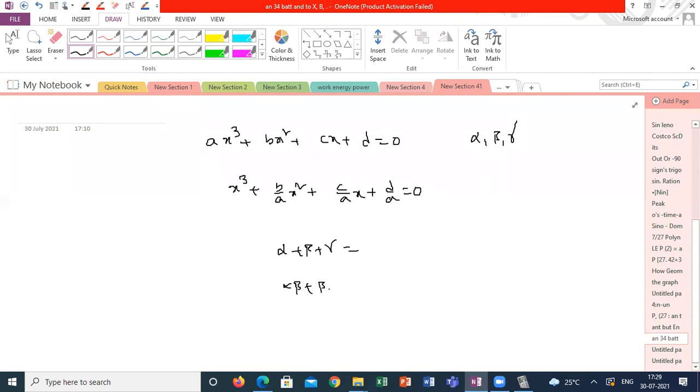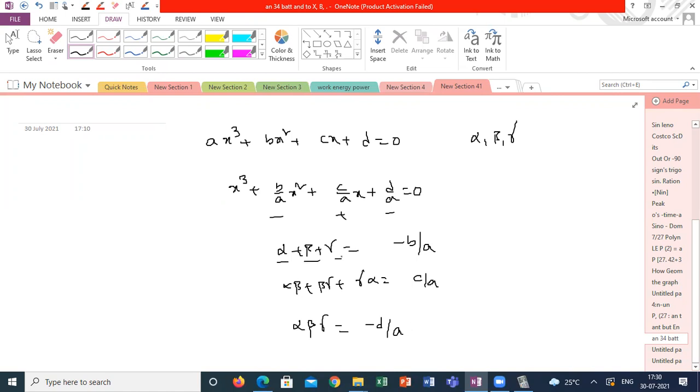Alpha beta plus beta gamma plus gamma alpha, the sum of the products of two zeros at a time. And alpha beta gamma. These are minus b by a, plus c by a, minus d by a. This is how we can argue the relation between the zeros and the coefficients of the polynomial.